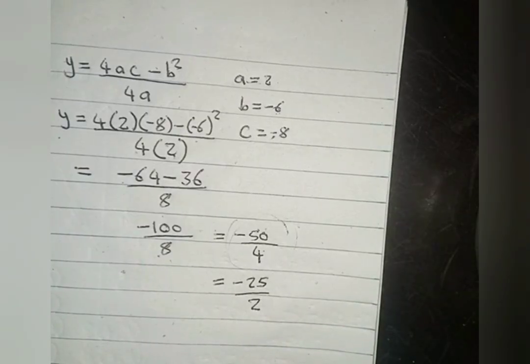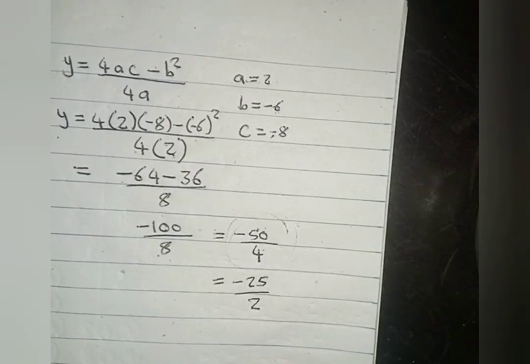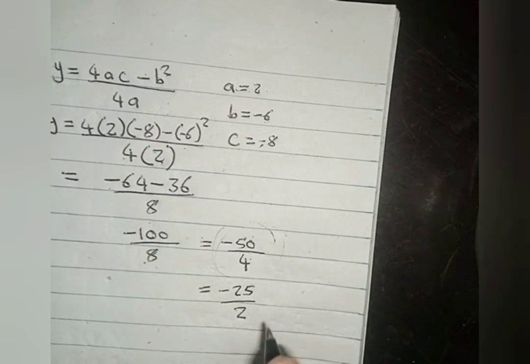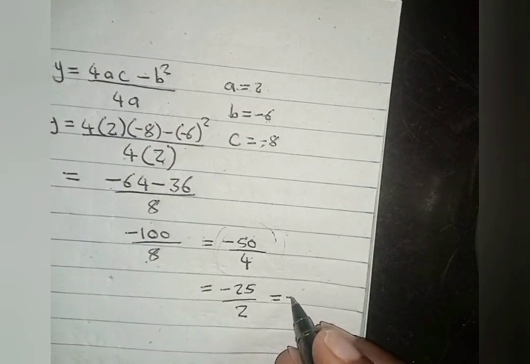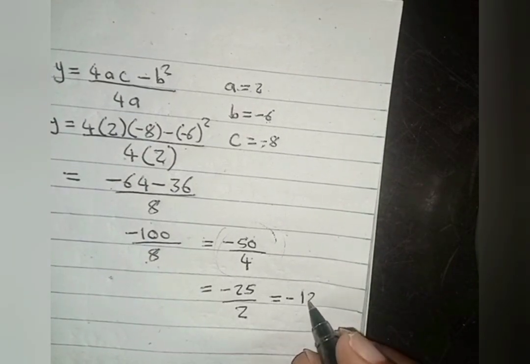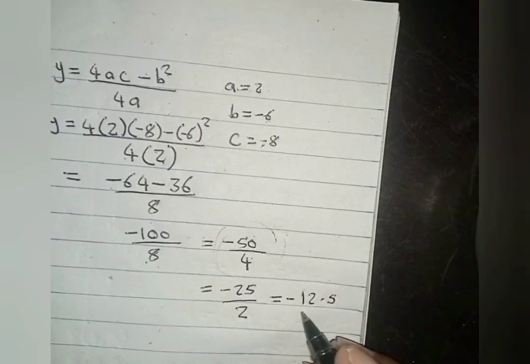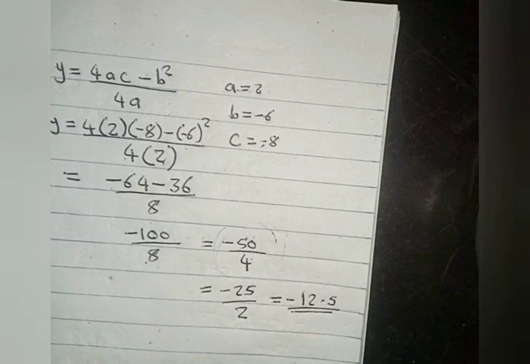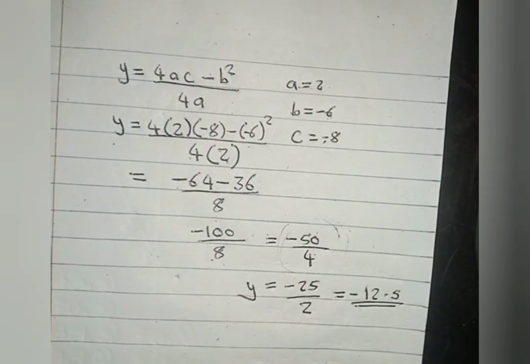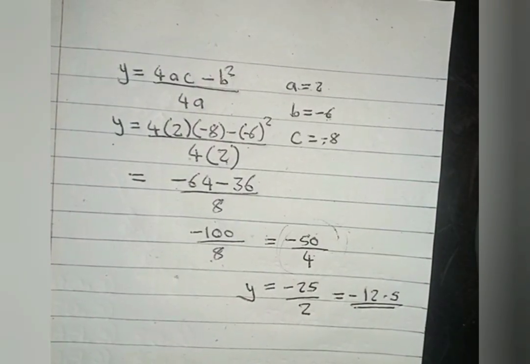So our answer is -25/2, which can be written in the form of a decimal as -12.5 when you divide. So this is the y value of the turning point. So y is equal to -12.5.